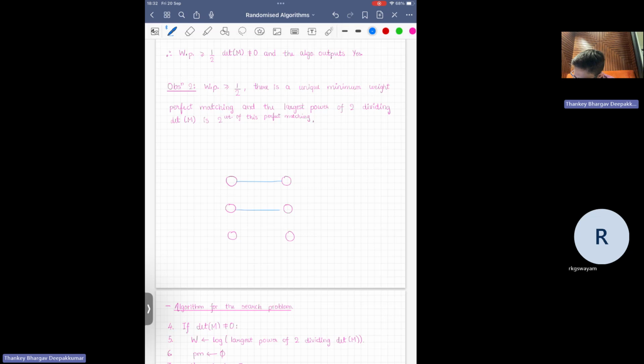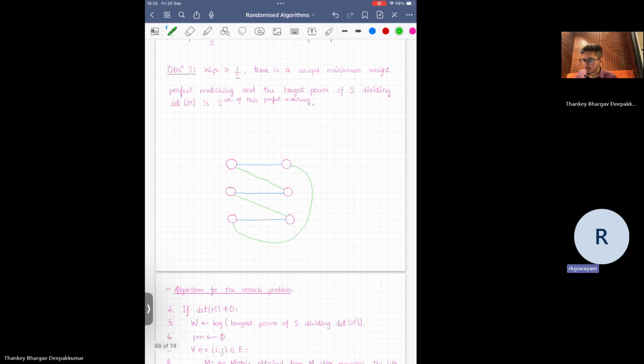This is one perfect matching, and this is another perfect matching. The blue edges are one perfect matching, green are the other, right?